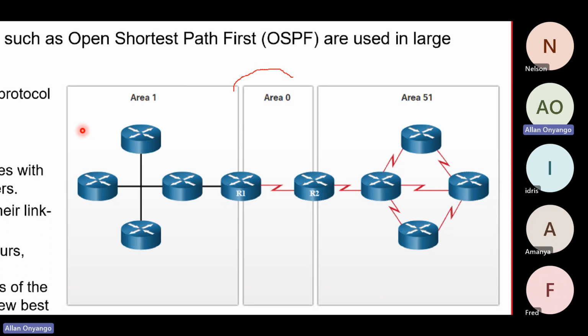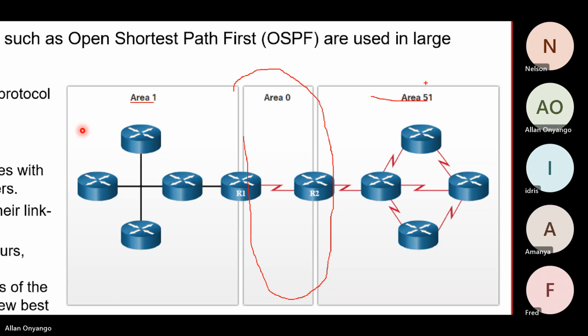Okay, so you're going to start with area 0, then you can break up to area 1, area 2, 3, 4, 5, all the way to area 51. There are only two conditions. One, when you have multi-area, all areas must be joined to area 0, which is the backbone area.